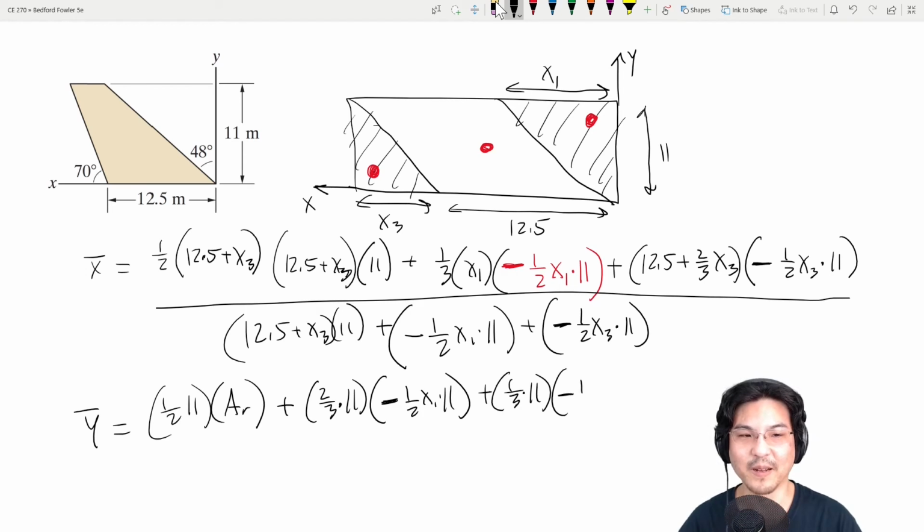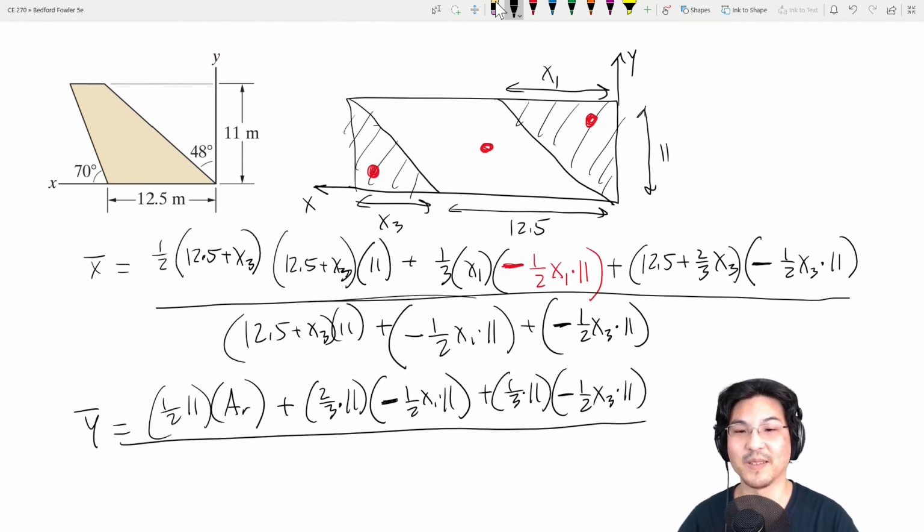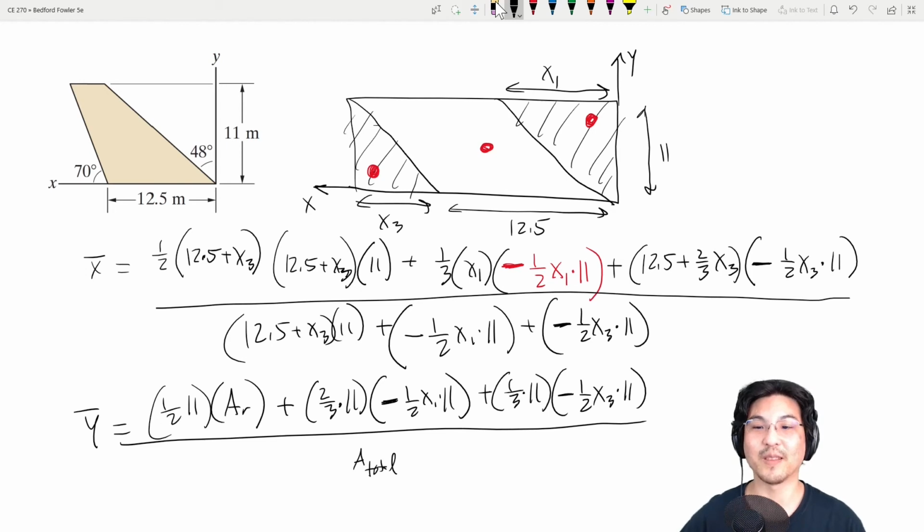It's a cutout, negative, 1/2 base times height, divided by this exact same total area. Okay, and you'll get the same answer as the previous way.